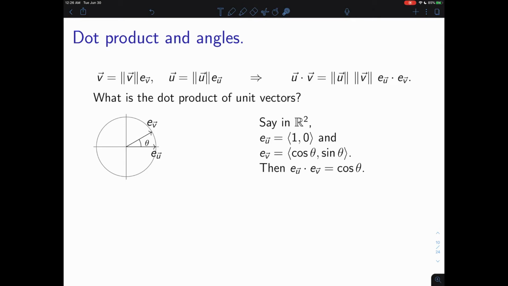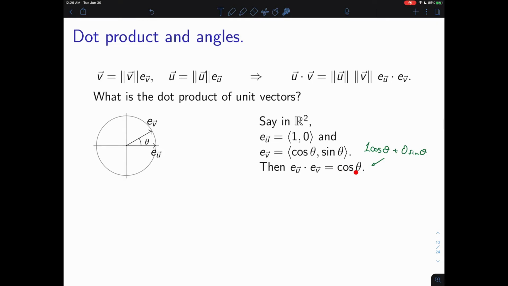This dot product is, take the first entry 1 times cosine theta, and the second entry 0 times sine theta, and add those together. 1 cosine theta plus 0 sine theta gives us cosine theta.